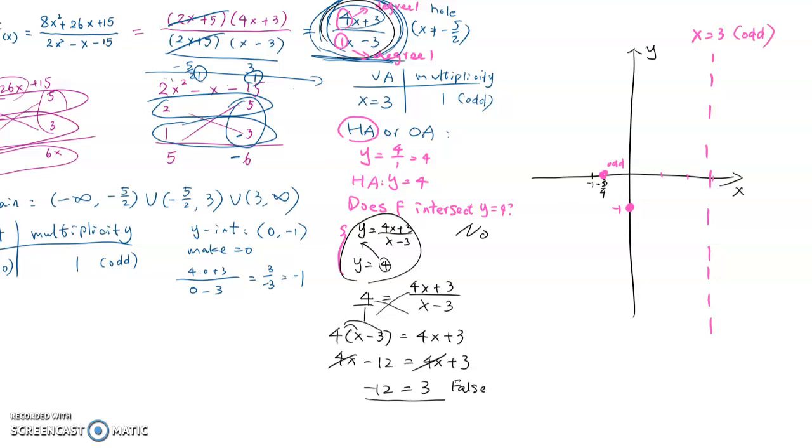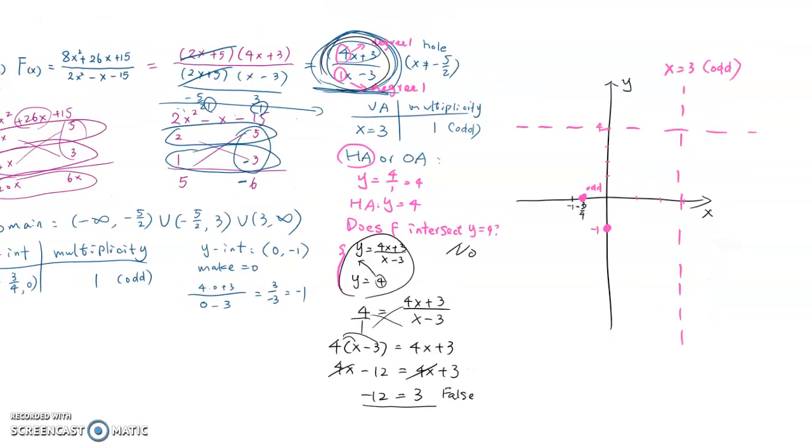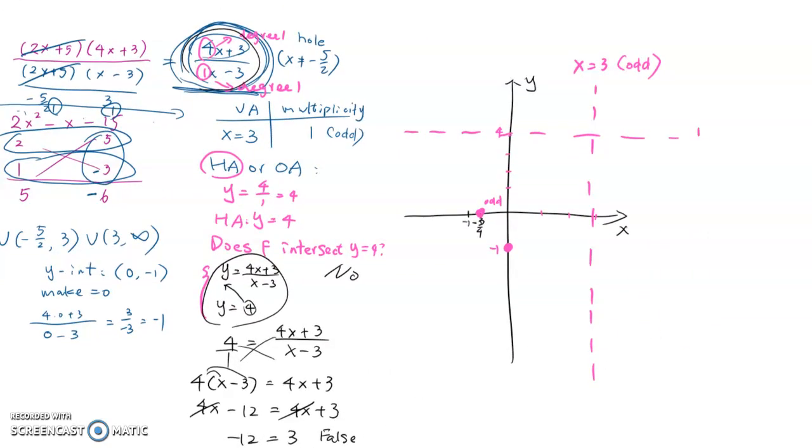And now we have a horizontal asymptote, which is y equals 4. Let's say 1, 2, 3, 4. Let's say it's here. So we have a horizontal asymptote, y equals 4, and our graph will not intersect this horizontal asymptote.